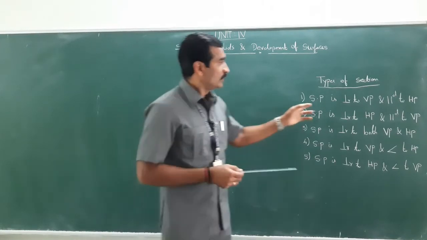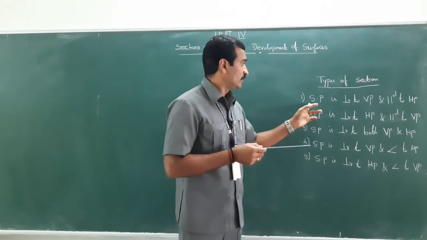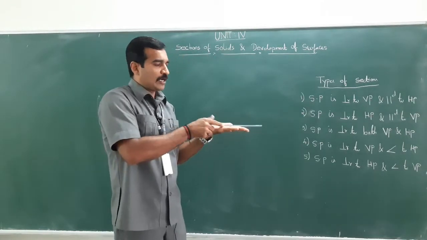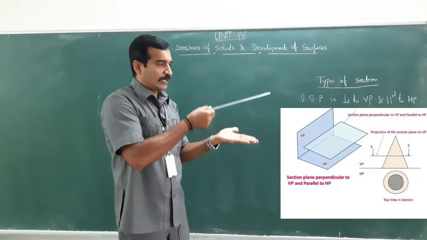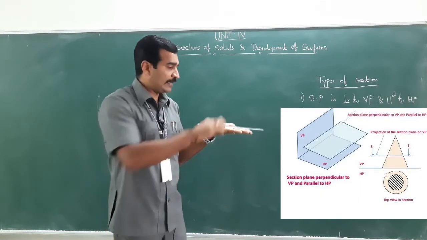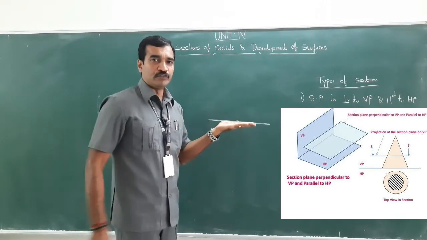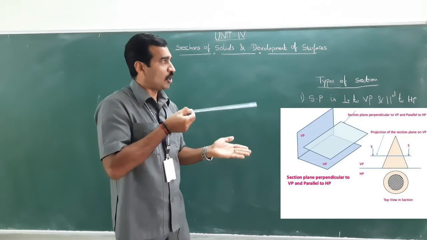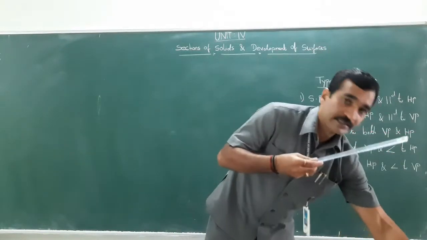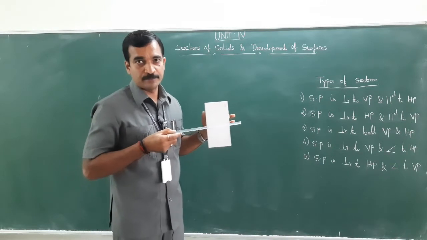So now, if I keep the object as per the first condition, in this manner, look at here, the plane surface is parallel to HP and it is making 90 degrees, that is perpendicular to VP. This is the position of this object, that is section plane. Now I am going to cut this object in this manner.